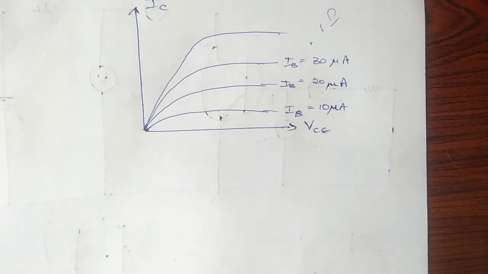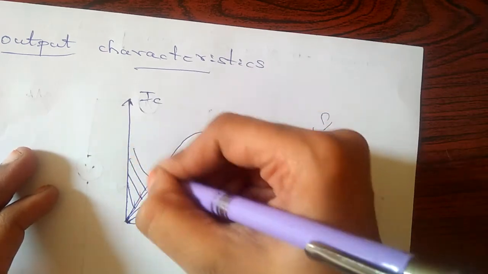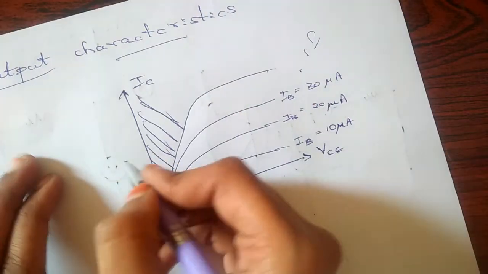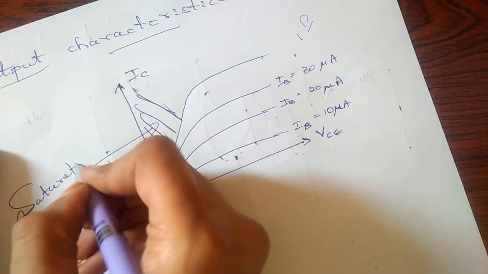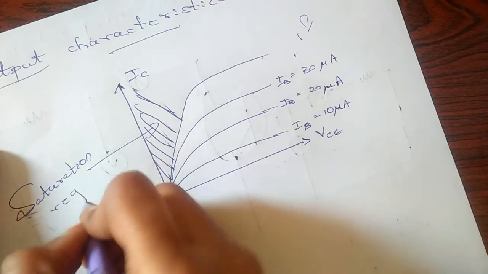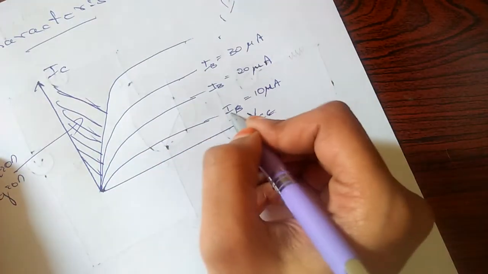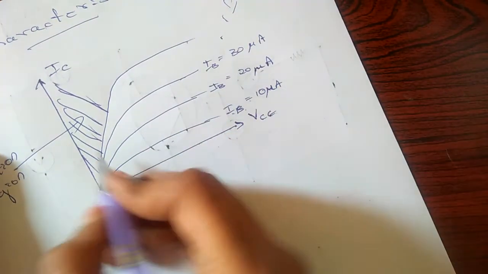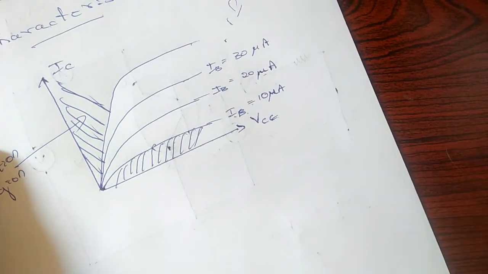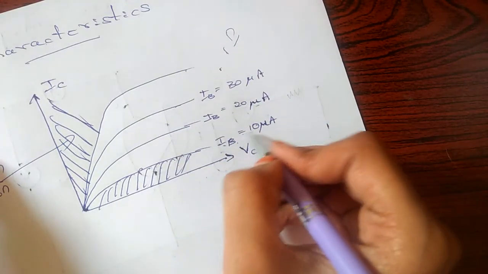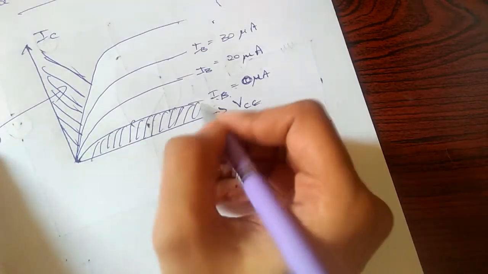In this CE configuration we can observe the saturation region here, and at IB equal to 0 we can observe the cutoff region.